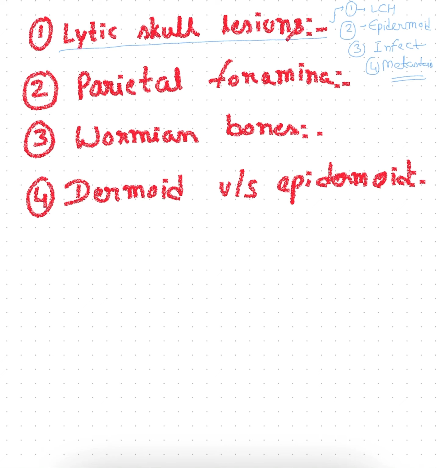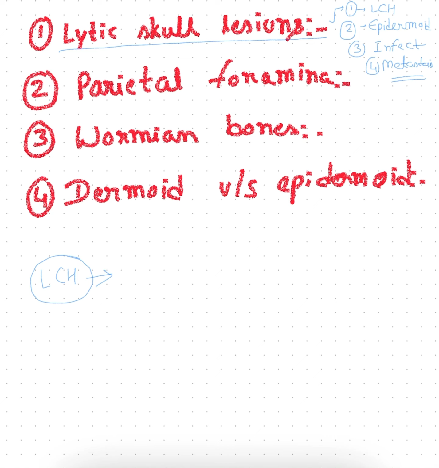So firstly, we will discuss Langerhans histiocytosis. Basically, it is an invasion of dendritic cells which leads to a lytic appearance on the CT scan, or in advanced cases on the X-ray.